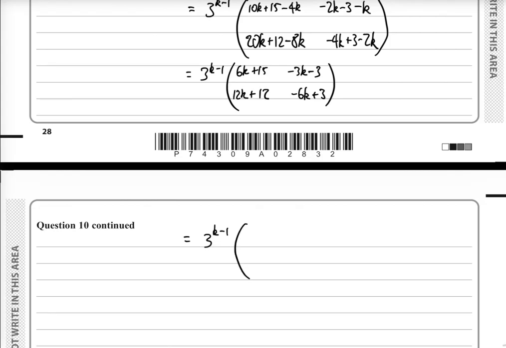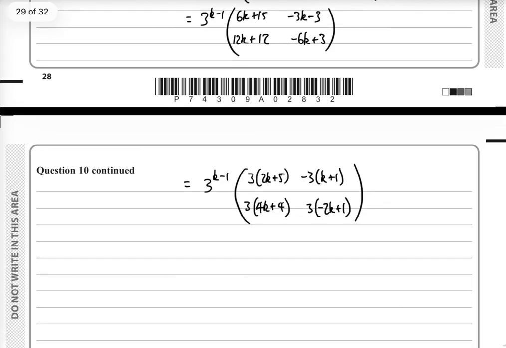So to do that, I'm going to take a 3 out of all of this. That leaves us with a 2k plus 5 here, minus 3k plus 1 here, 3 lots of 4k plus 4 here, 3 lots of minus 2k plus 1 here. Take that 3 out and we get a 3 to the k here.